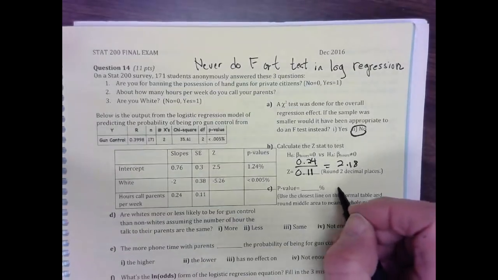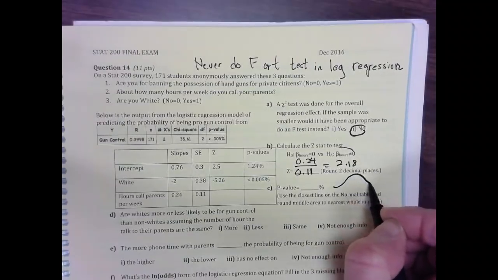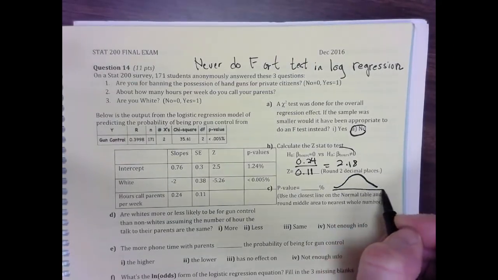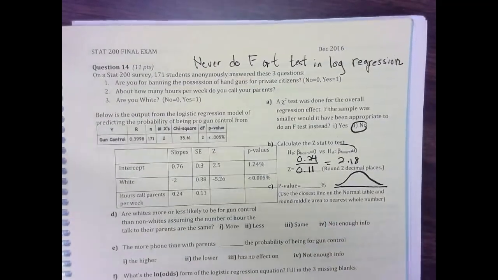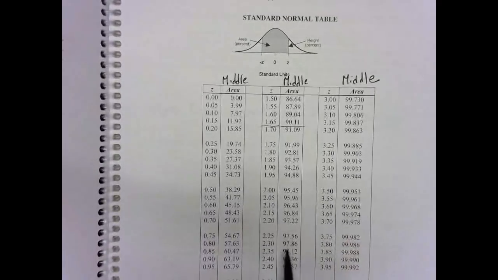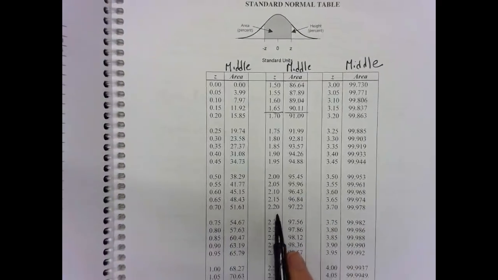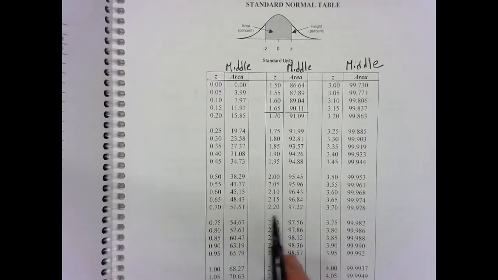You're going to have to look at, first of all, it's a two-sided test, so we'll draw a normal curve. We just want to figure out what the middle area is for 2.18. If we look at 2.18, the directions say use the closest line on the table, and you can round to the nearest whole number. So 97% in the middle.